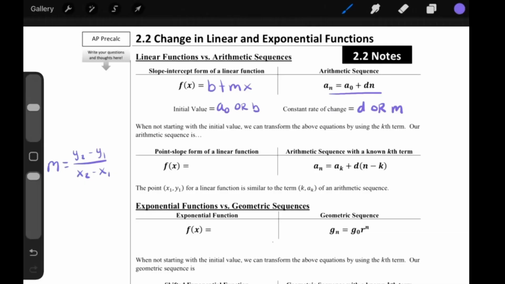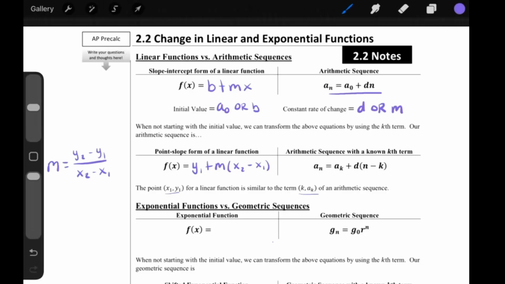So we'll have f of x is equal to y1 plus m times x2 minus x1. Okay, so the point x1, y1 for the linear function is similar to the term k, a of k, of an arithmetic sequence. So these two are really similar.